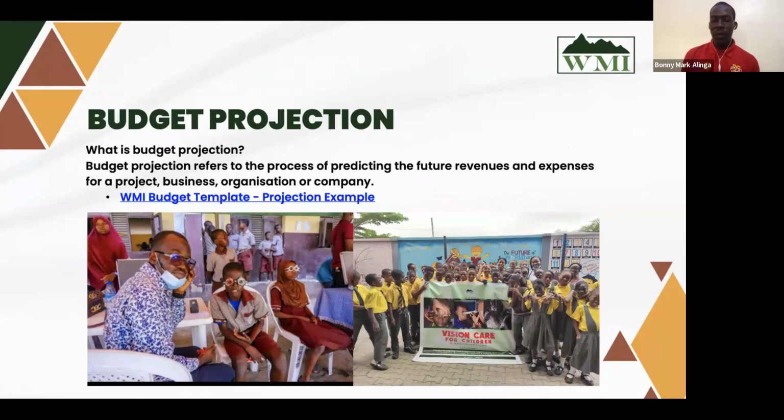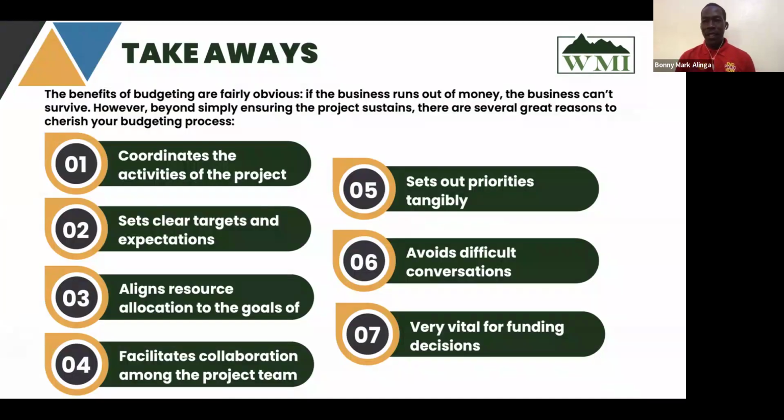We have seen the examples. And finally, we need to look at why it is necessary for one to have a budget. And what are some of those benefits that you need to take away from this conversation?